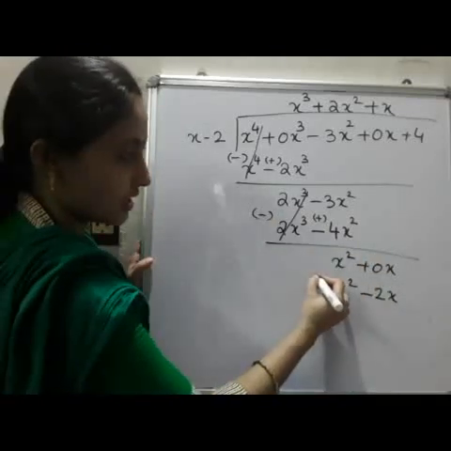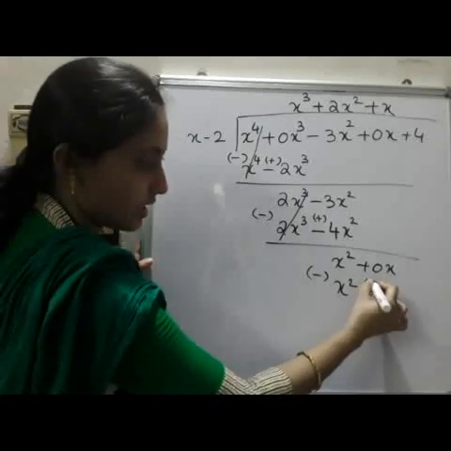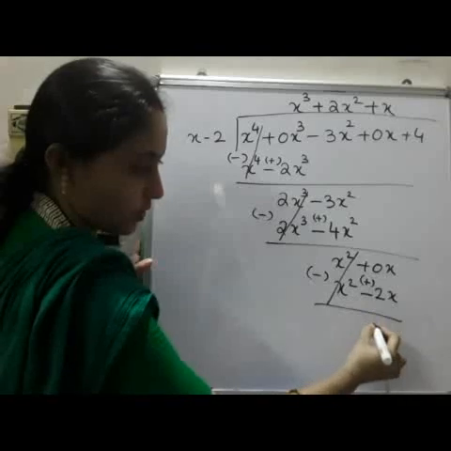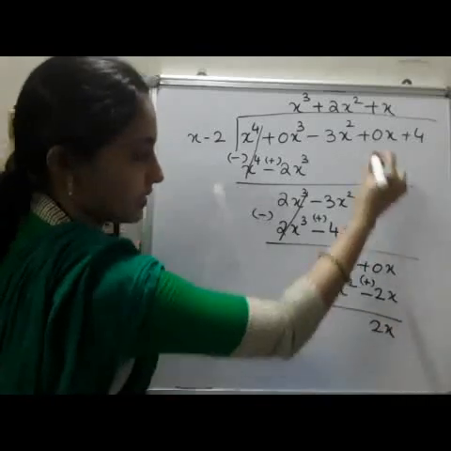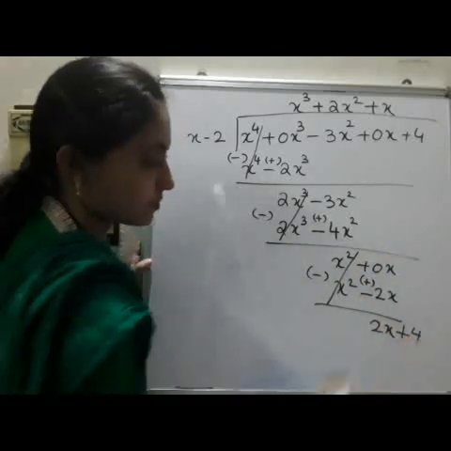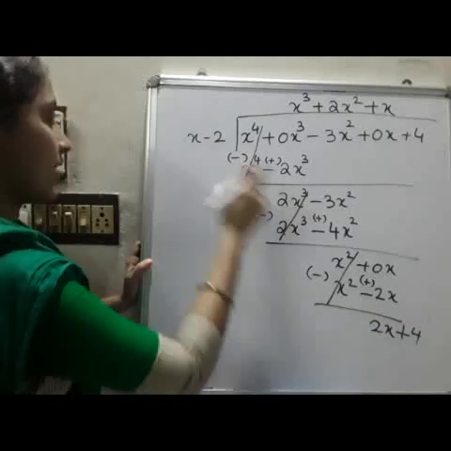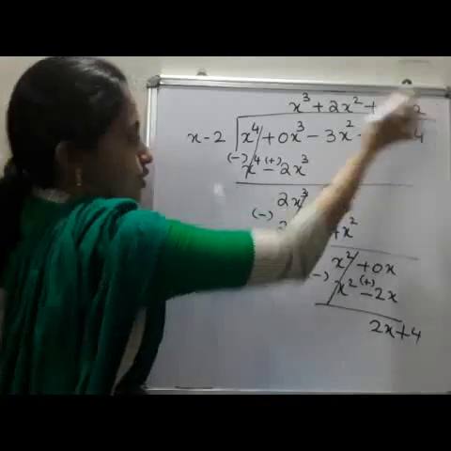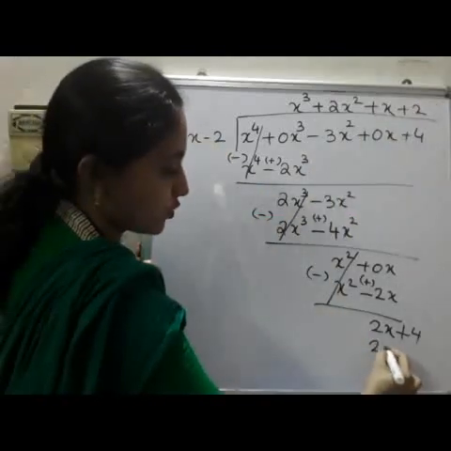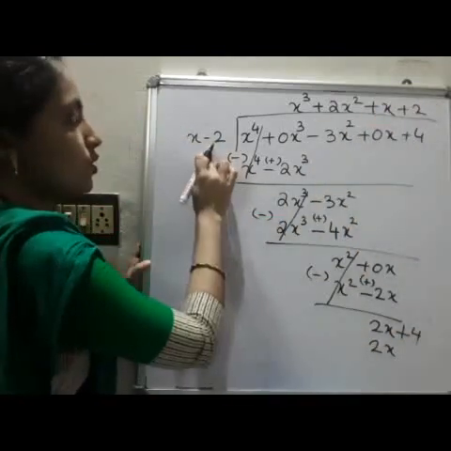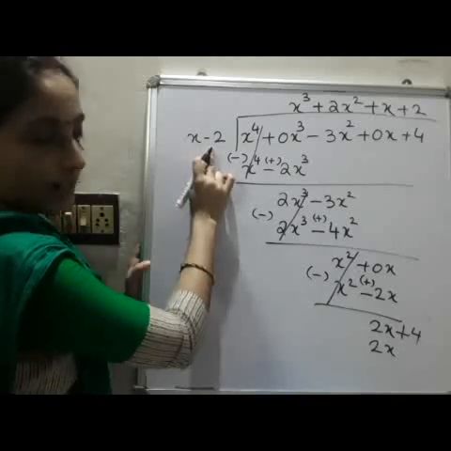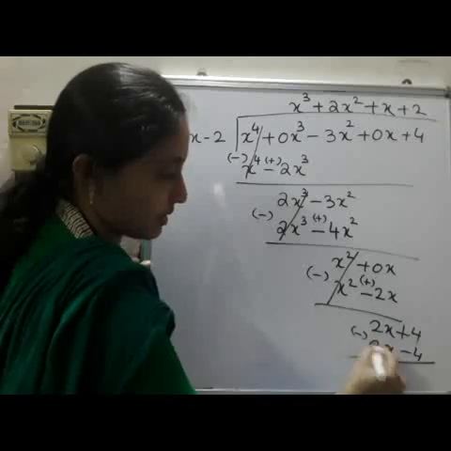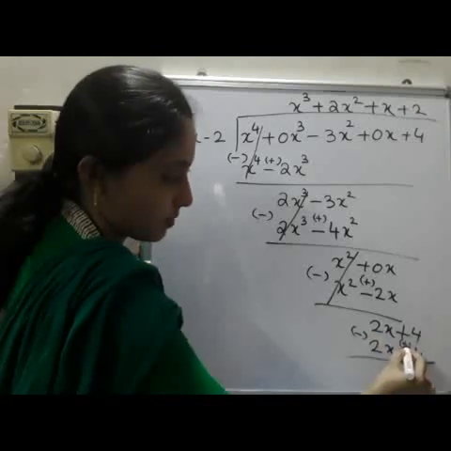Then changing the sign, here it becomes negative, here it becomes positive. This becomes 0. 0 plus 2x is 2x. Then plus 4. Then 2x by x, what is 2x by x? 2 itself. So plus 2. So 2 into x is 2x, plus 2 into minus 2 is minus 4. So changing the sign, here it becomes negative, here it becomes positive.